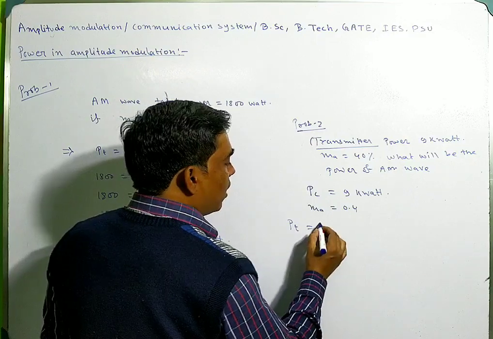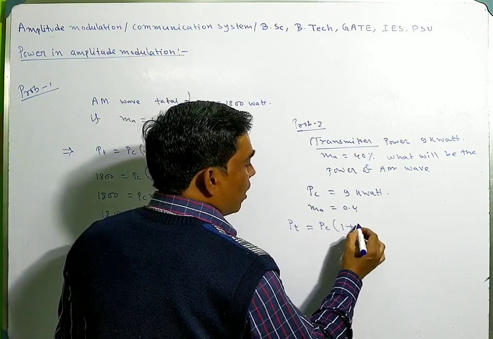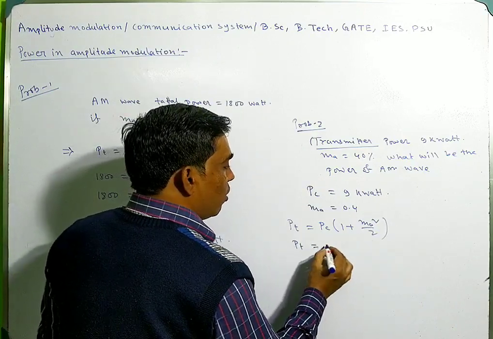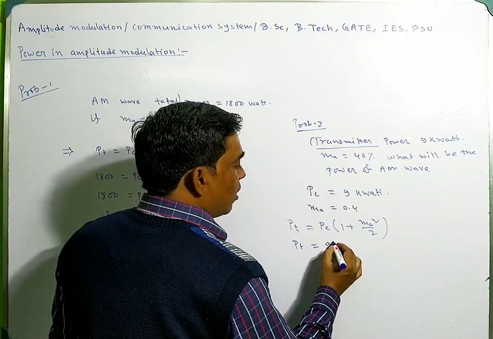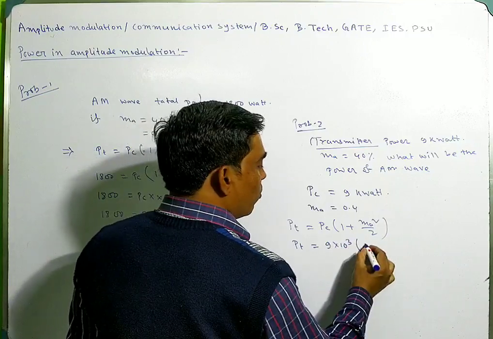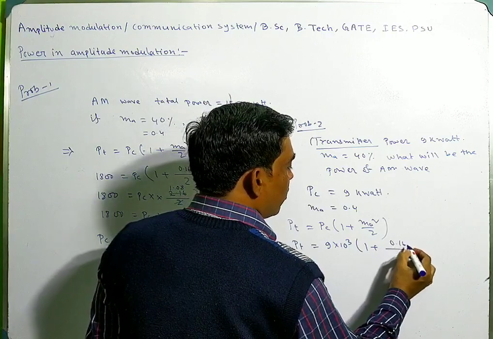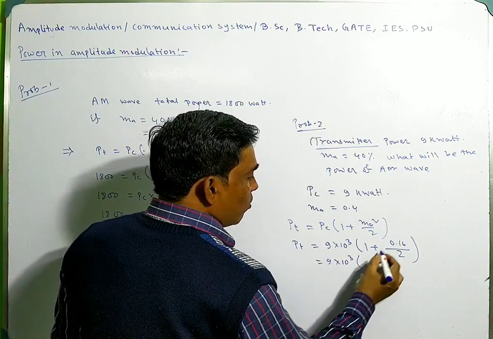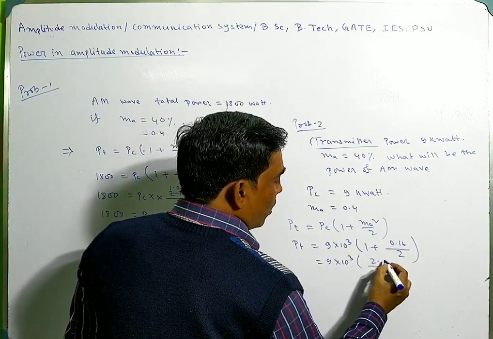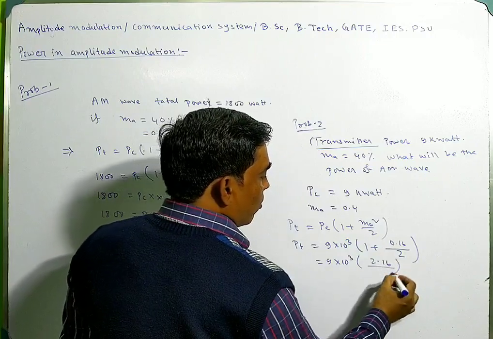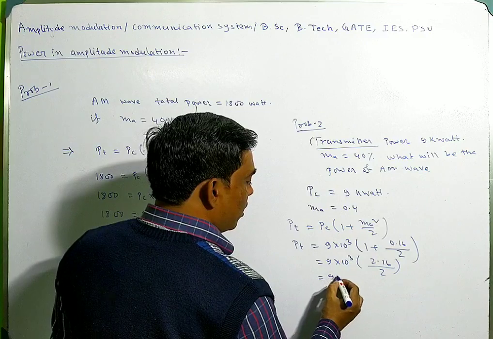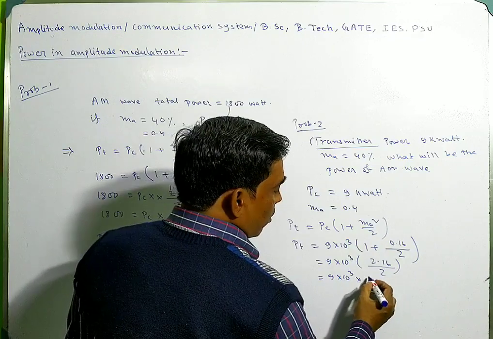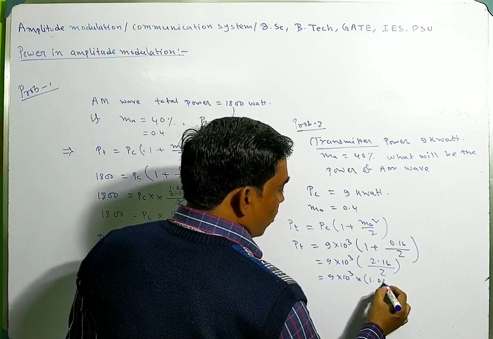So PT is given by PC into (1 plus MA square divided by 2). So here it will be 9 kilowatt, that means 9 into 10 to the power 3, into (1 plus 0.16 by 2), which is 1.08.